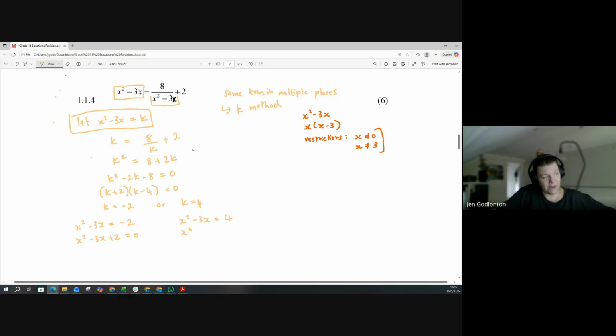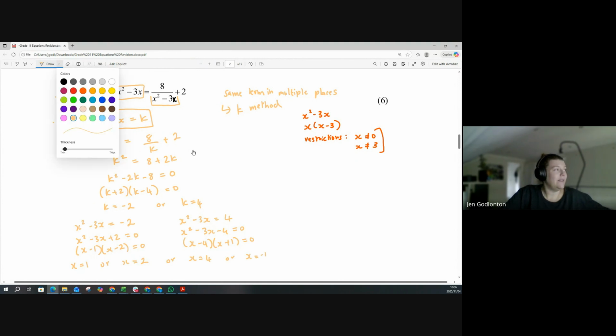And x squared minus 3x minus 4 equals 0. We're going to do a trinomial on both of them. So we're going to have x minus 1, x minus 2, and x minus 4, x plus 1. So then my four answers are going to be x is equal to 1, or x is equal to 2, or x is equal to 4, or x is equal to negative 1.